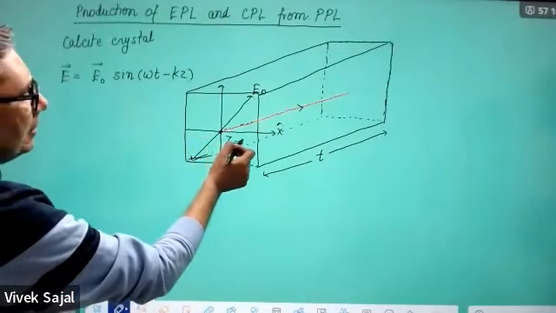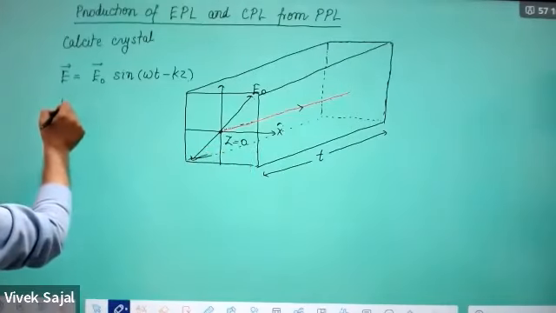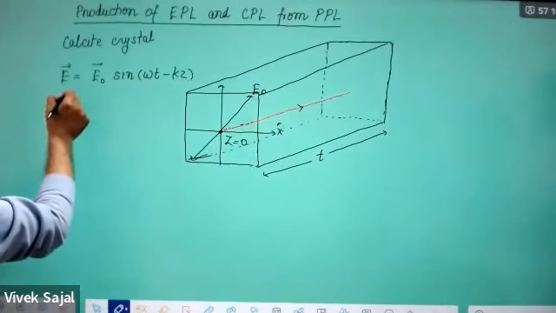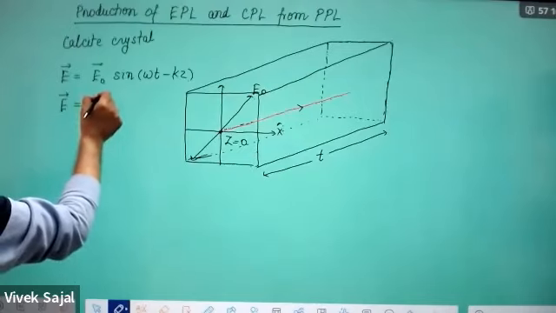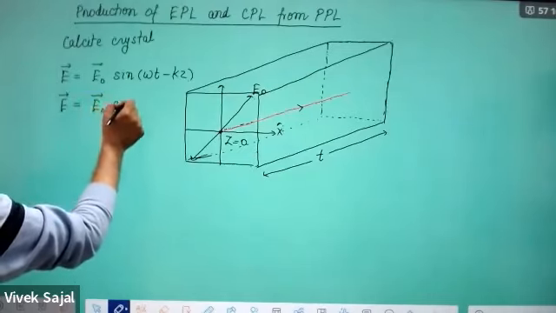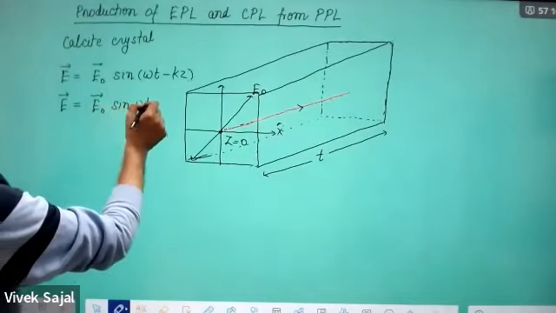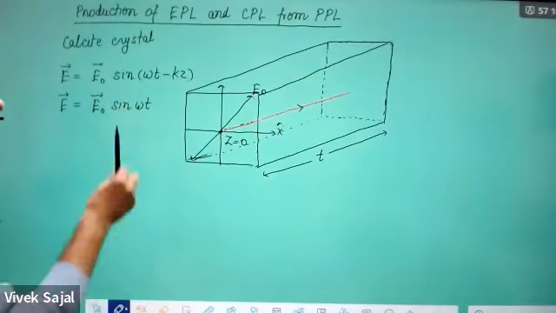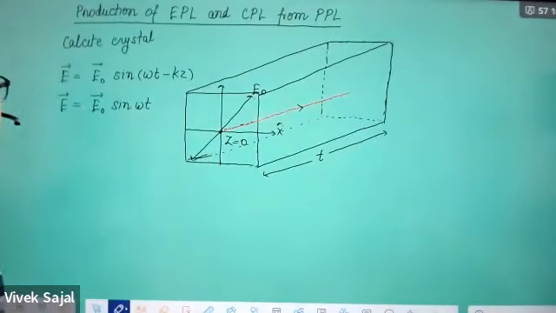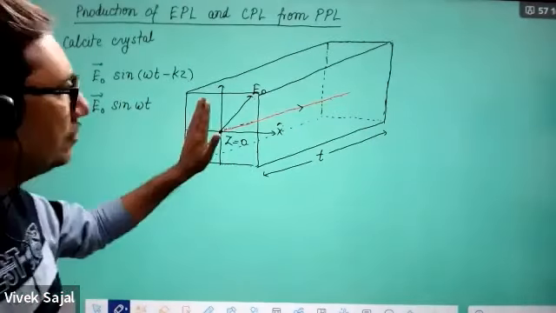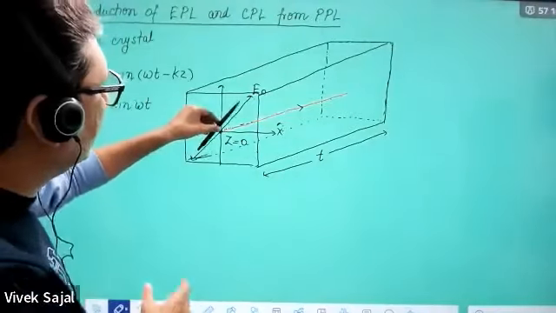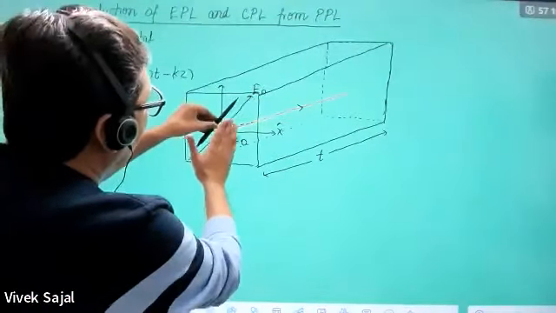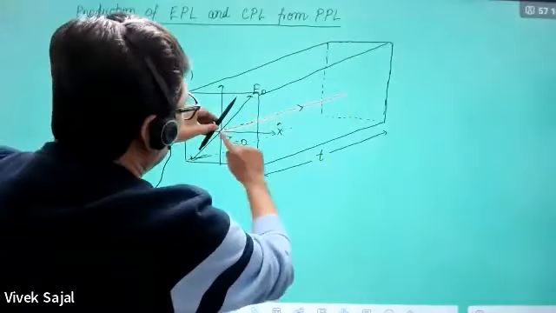So the electric vector here, when it is hitting, will be E naught sine omega t. This is the incident plane polarized light that is falling on this surface, and this is the direction of the electric vector. So the electric vector is confined along this line.